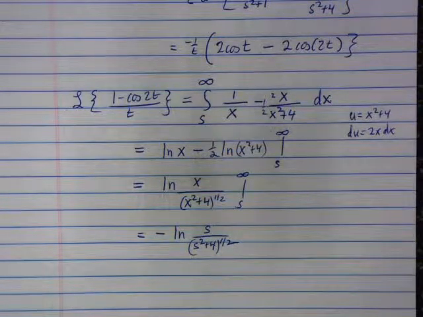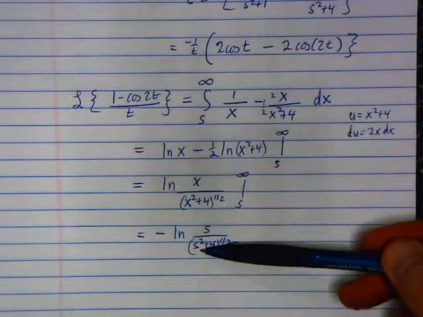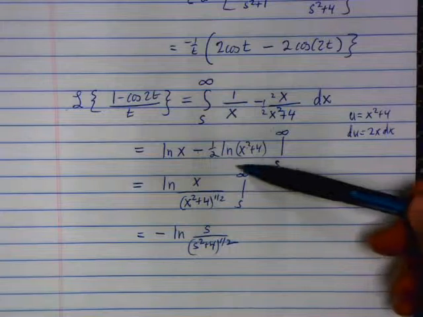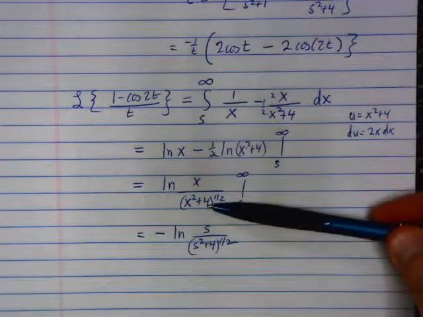Questions on that one? So wait, how are we going to go from that to that? From there to there? Yeah. When x goes to infinity, this is in the form infinity over infinity.